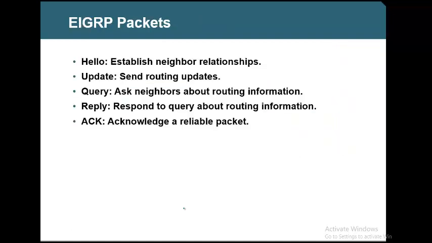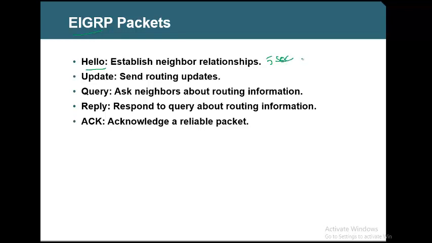Now, EIGRP uses 5 different packets. Hello packets are sent every 10 seconds. No, I'm wrong. I'm not teaching OSPF, I'm teaching EIGRP. In EIGRP, hello packets are sent every 5 seconds.